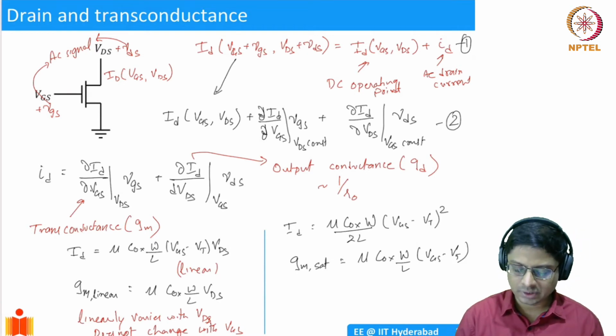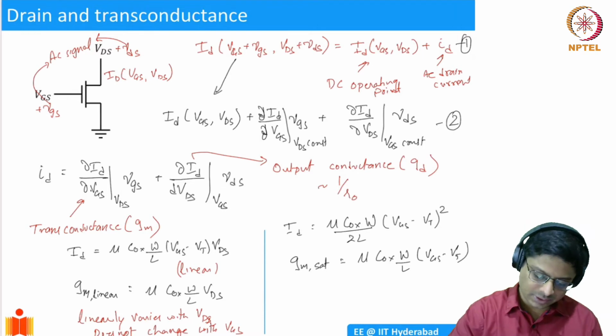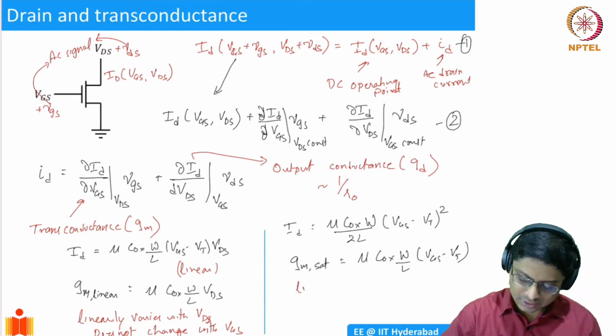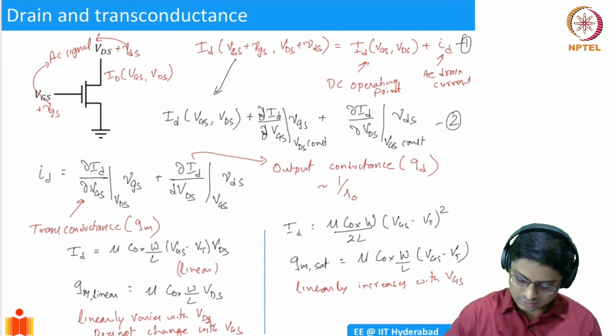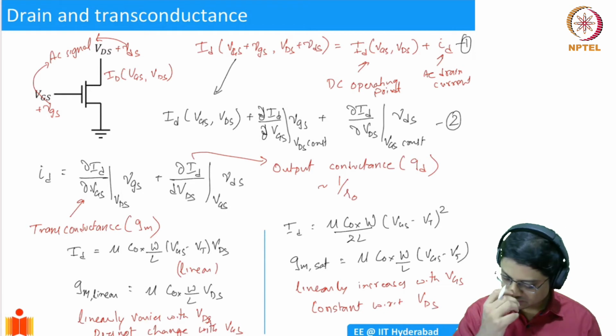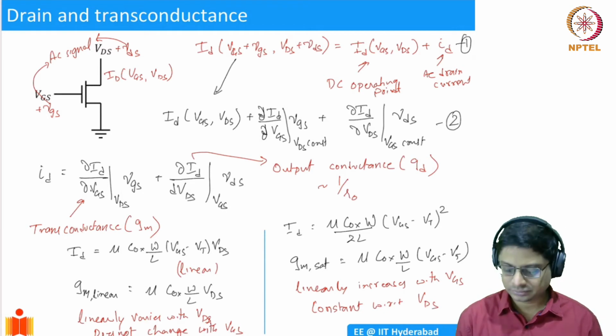So here you see that this increases linearly with VGS and is constant with respect to VDS.